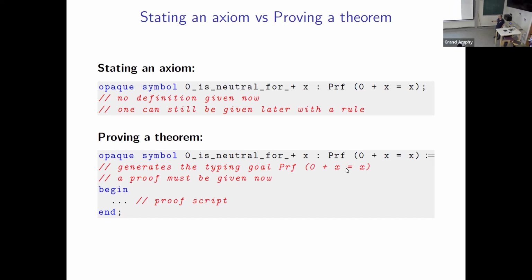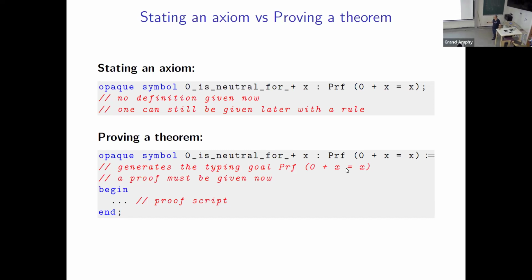This is a proposition, so an object of type pop, and using the proof symbol, this is a type. So it makes sense to try to find an expression having this type, because now we have a type by applying this proof.